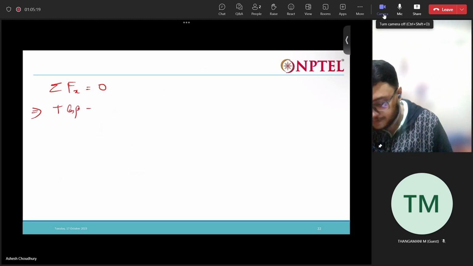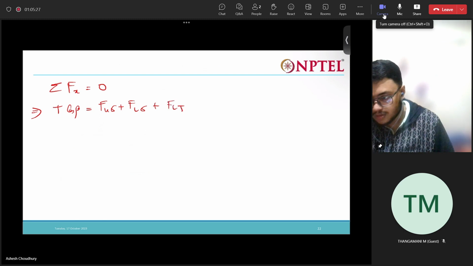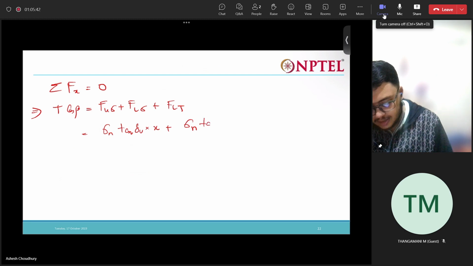beta equals Fu, sigma normal stress multiplied by tan u into x, plus low tan low into x.